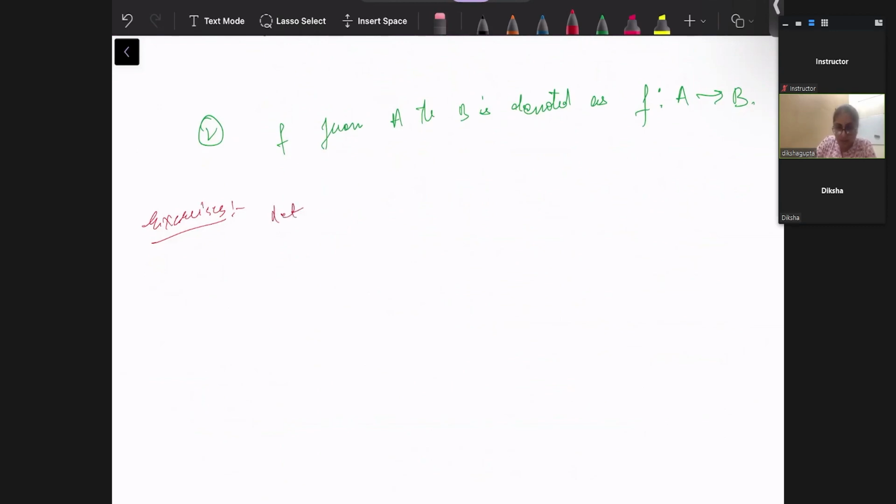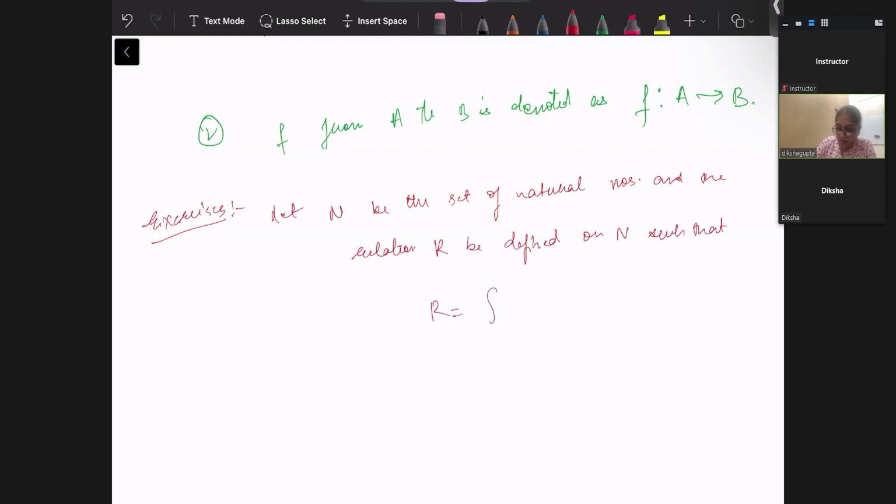So let N be the set of natural numbers and the relation R be defined on N such that R equals {(x, y) : y = 2x, x, y belong to N}.